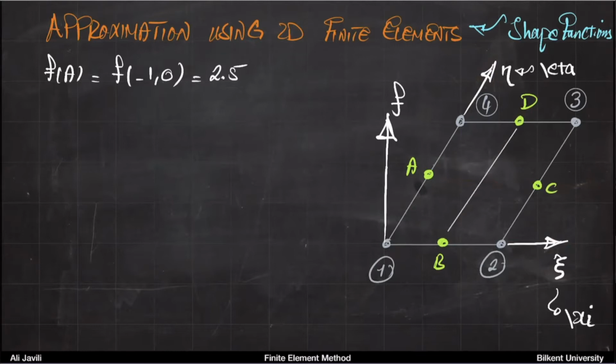Let me just draw these lines to make it more clear. So this would be your coordinate system. This is xi, and this is eta, in the sense that the point at the center is your origin. This is 0, 0.